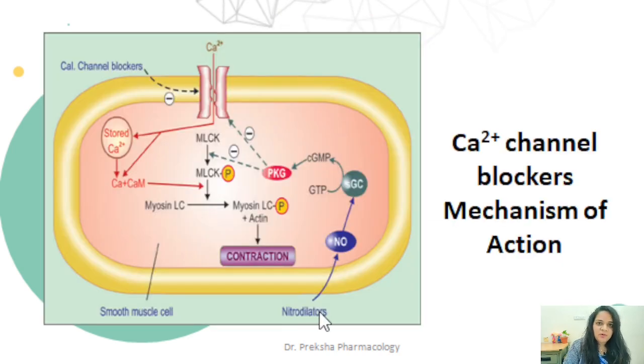Mechanism of action of calcium channel blockers: they block the voltage-gated calcium channel and decrease the entry of calcium inside the smooth muscle cells. So that will ultimately inhibit the myosin light chain kinase pathway, and myosin fails to interact with actin, which ultimately brings about smooth muscle relaxation.